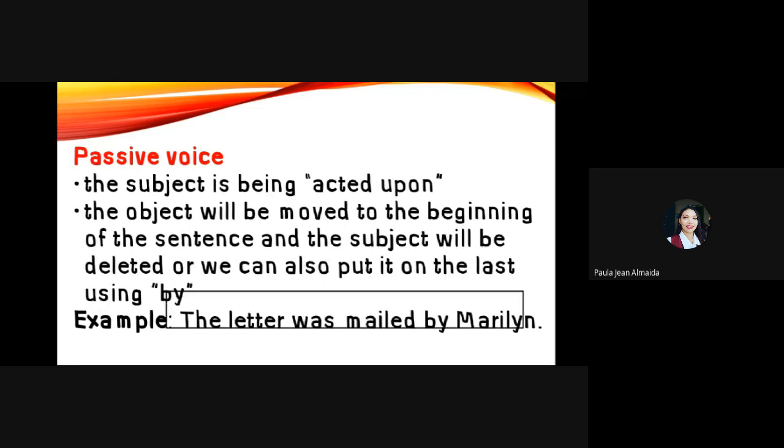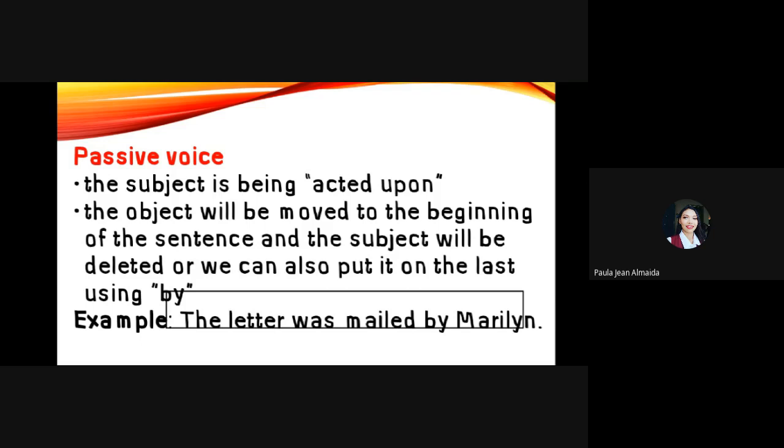In passive voice, one can change the normal word order of many active sentences, those with direct objects, so that the subject is no longer active, but is instead being acted upon by the verb. So in passive, the subject is being acted upon.